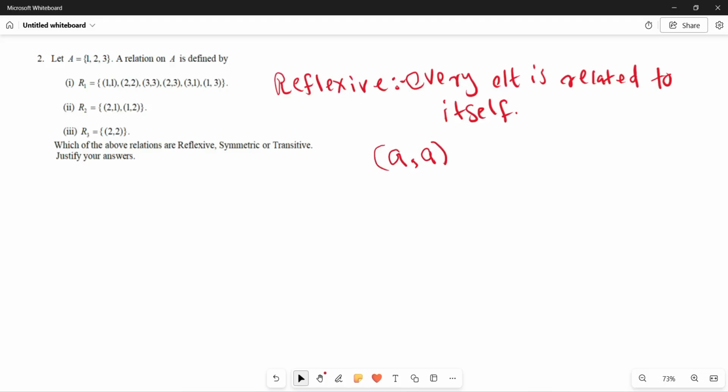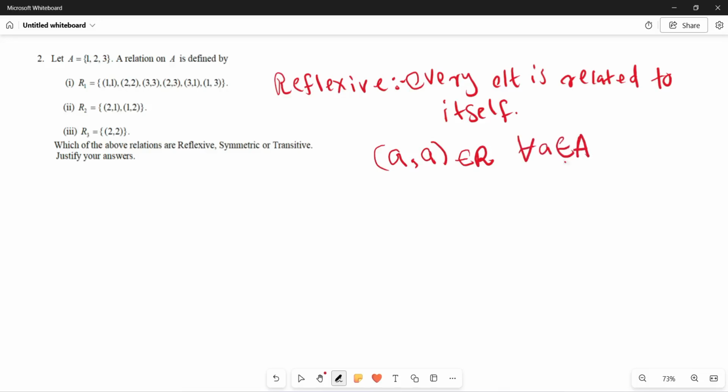Mathematically, we write it as (a, a) belongs to R, for all a belongs to A.